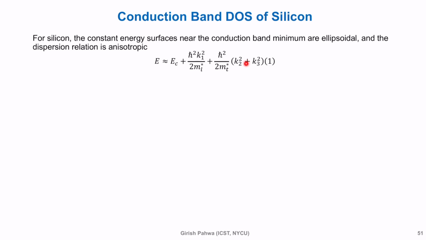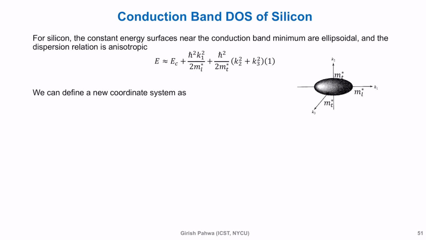But what we can do is tweak our coordinate system a little bit. We can define a new coordinate system in which k1 dash is k1 by under root of ml star, and k2 dash is k2 by under root of mt star. Similarly, k3 dash is k3 by under root of mt star.